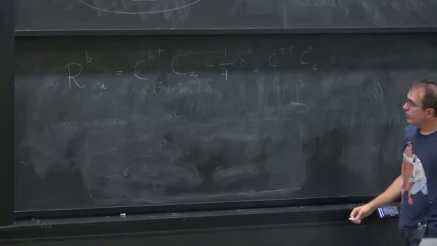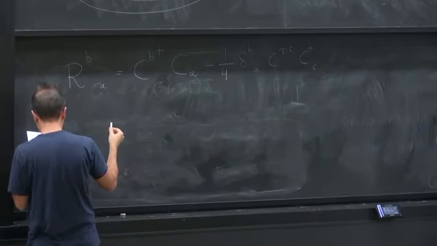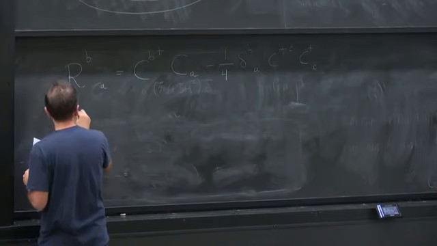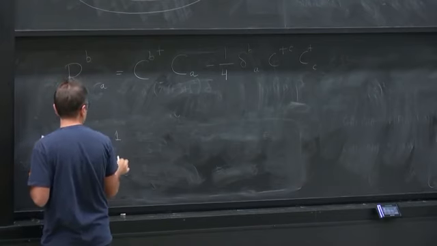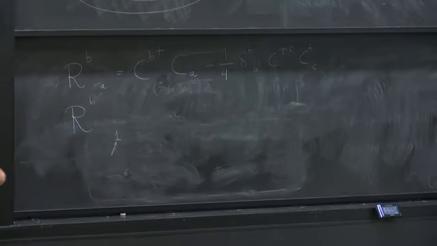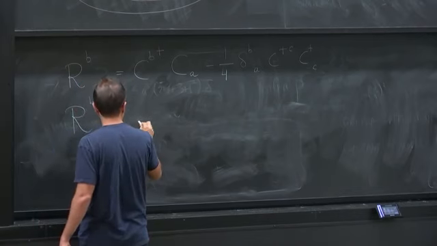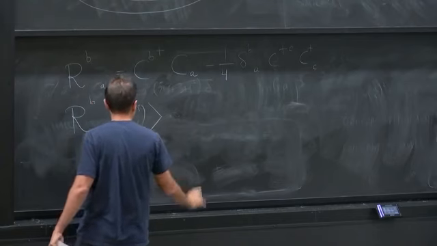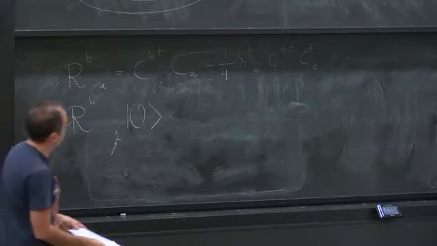And now you can imagine acting with R, if I choose A to be 1, B, on our operator O, then let's see what will happen.